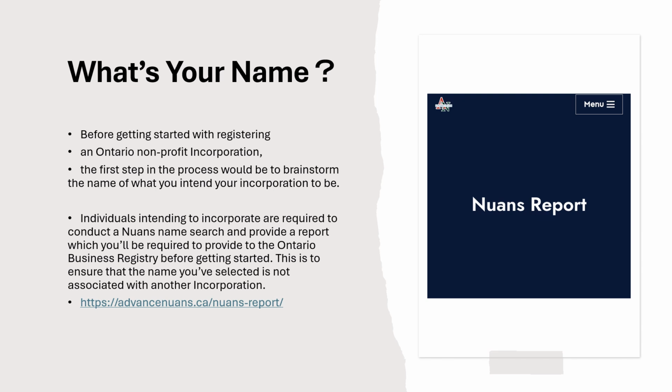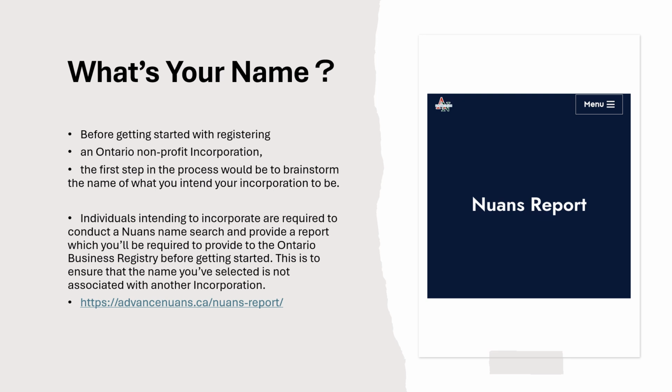To do that, the least expensive company that I would recommend is called Advanced Nuance, and there's their URL: advancednuance.ca/nuance-report. You could also Google them, Advanced Nuance. So you have to do a nuance report.